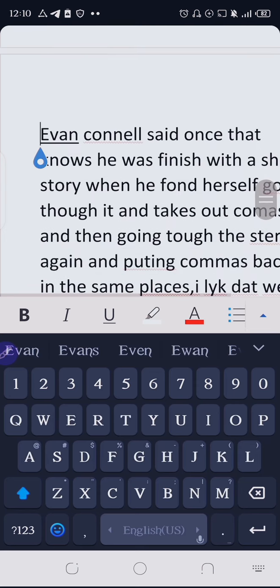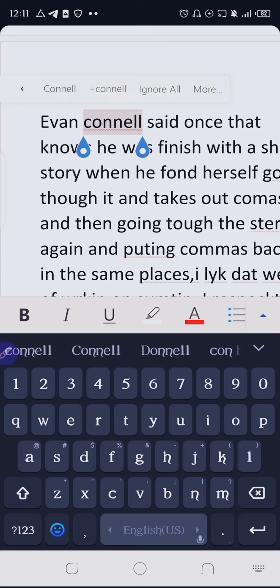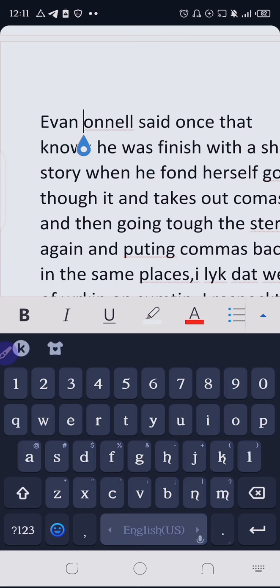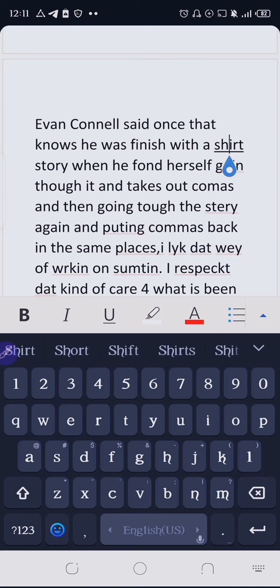Evan Cornell, remember our rule for proper nouns, so this is to be capital C, not lowercase c. Evan Cornell said once that he knows it was finished with a short story.